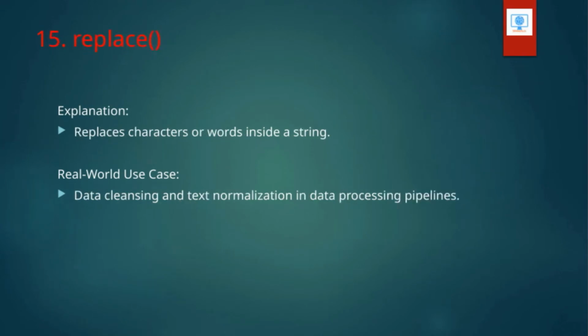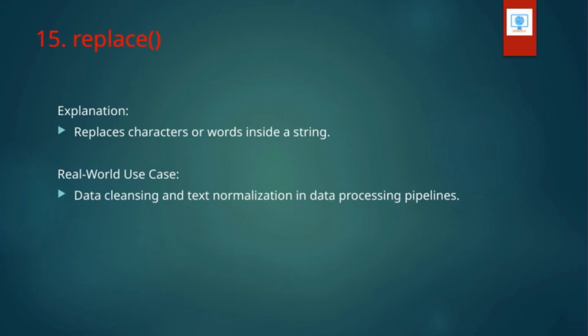So this slide is about the replace function, which is all about replacing characters or words inside a string. Essentially, it allows us to modify text by swapping out specific parts. Imagine you have a sentence or a piece of data, and you need to change certain words or characters. This function makes that easy. In real-world scenarios, you'll often see this used in data cleansing and text normalization within data processing pipelines.